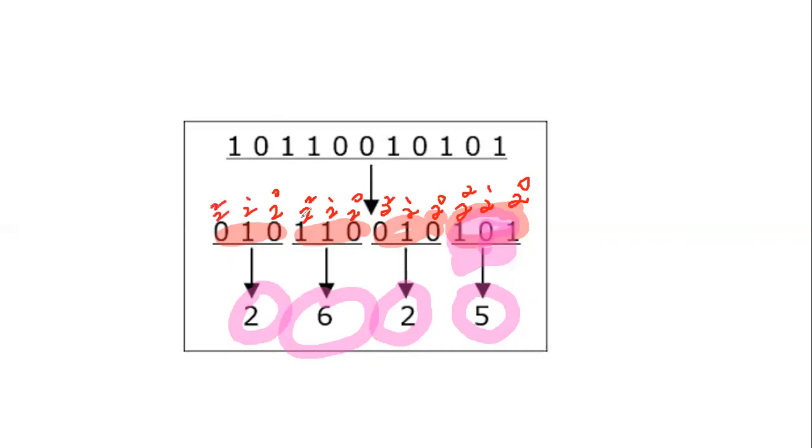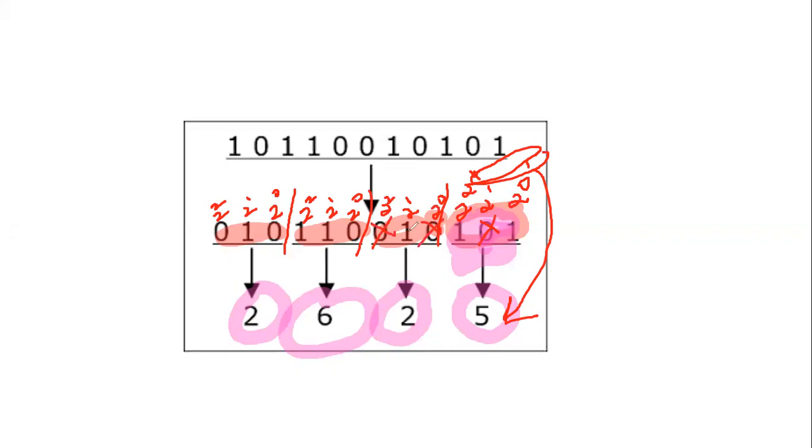So if you have binary to octal conversion, we divide it into groups and then we look at each group individually. So we don't look at the 0 value because it will be 0. 2 raised to 2 will be 4. 2 raised to 0 will be 1. 4 plus 1 will give me 5. Look here, we don't look at the zeros.